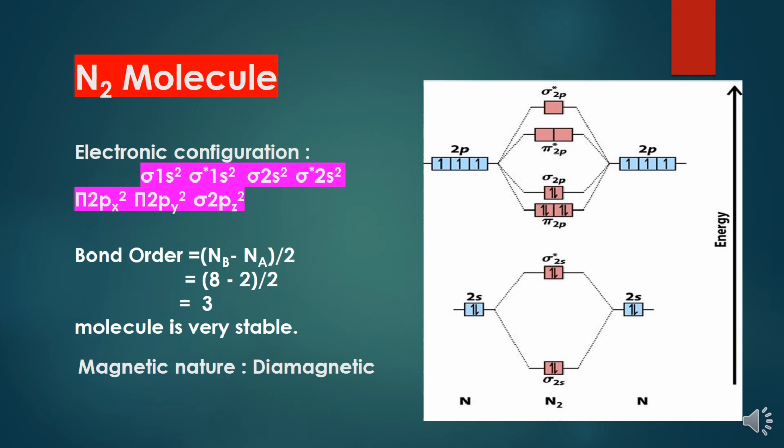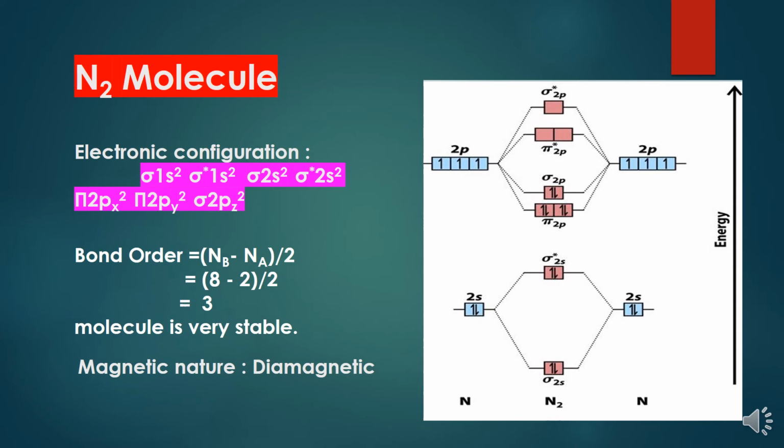Next, nitrogen molecule. Nitrogen has atomic number 7. The molecule is a 14 electron system, and up to the C2 molecule we have seen that 12 electrons get filled in pi 2px and pi 2py orbitals. So the next higher orbital is now sigma 2p, which is filled with the 13th and 14th electrons, and now bond order will be 8 minus 2 by 2 equals 3.